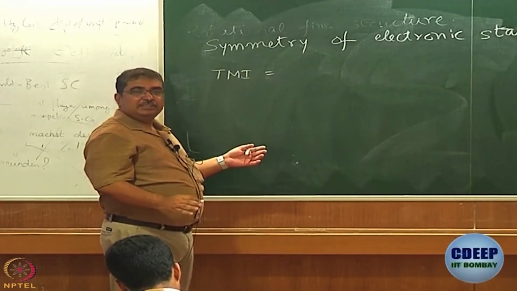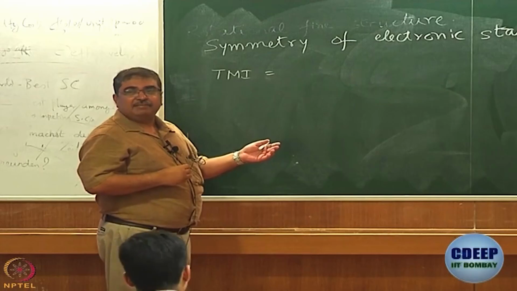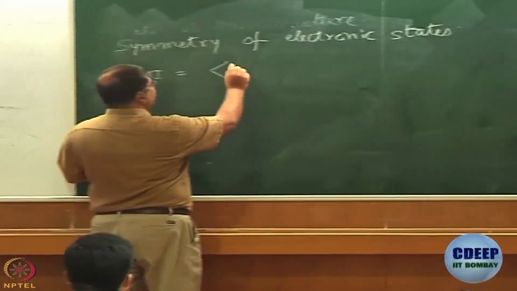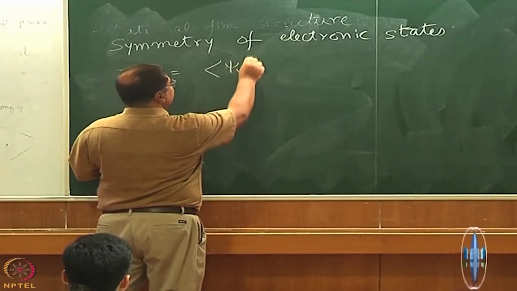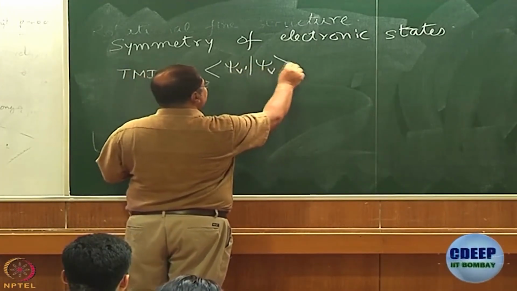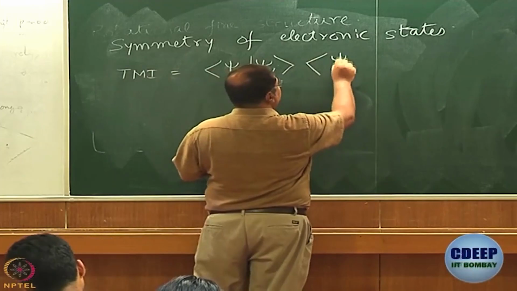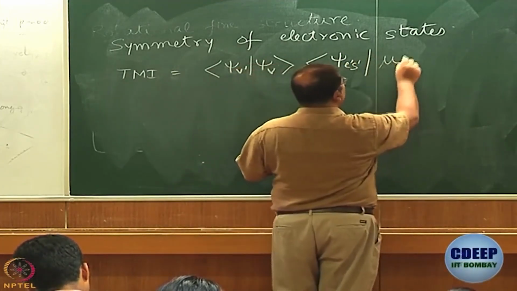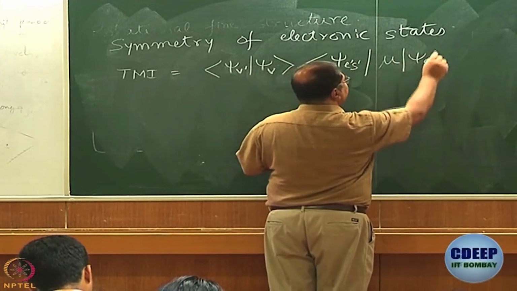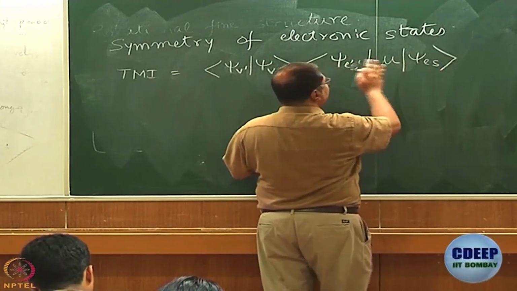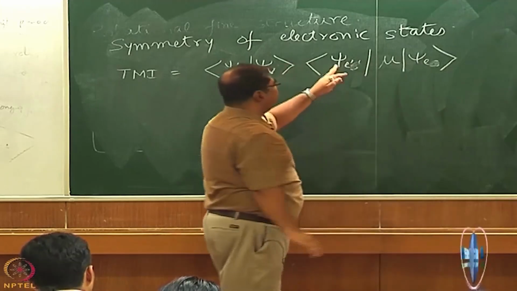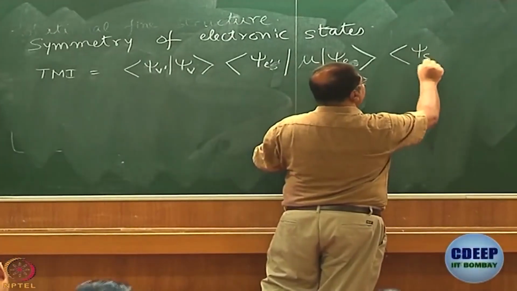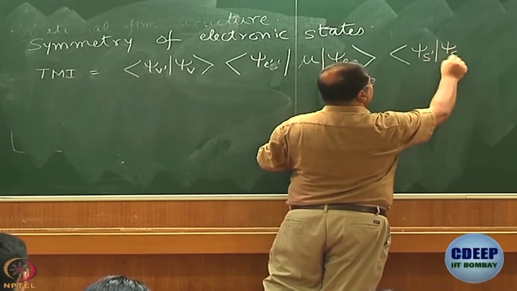If the Born-Oppenheimer approximation is valid, if you can separate the vibrational part from the electronic part, you know very well that this is how we write the transition moment integral: integral psi v dash, psi v, integrated over all space, or maybe we will write this separately as well, integral psi e dash mu psi e over all space, multiplied by integral psi s dash psi s.